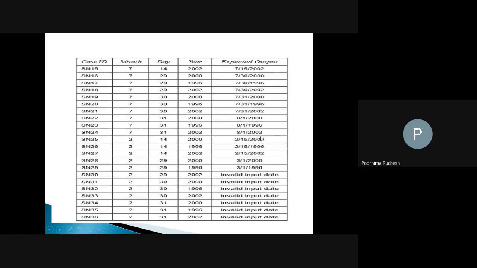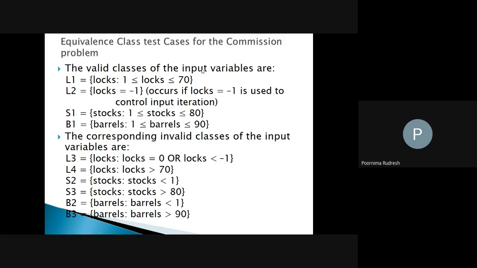So like this we can have more test cases for the strong normal testing strategy. In strong normal, we are considering all possible test cases by considering the values for month, day, and year. Next, the last one is the equivalence class test cases for the commission problem. I explained this problem in the second chapter itself.